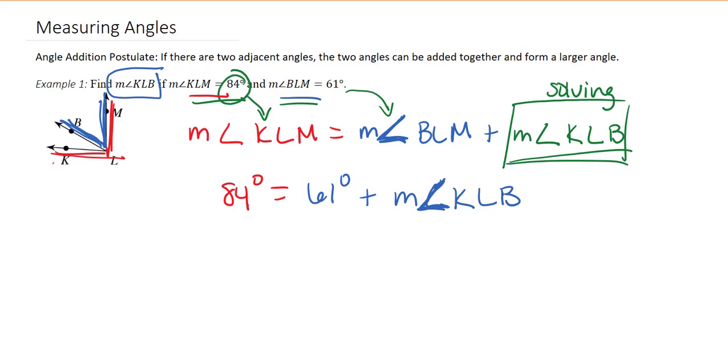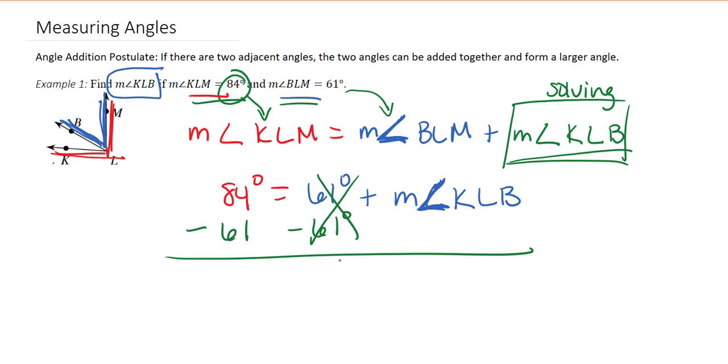Well, we're just going to get rid of this number on the right-hand side and move it to the left-hand side so we have the numbers just on the left-hand side. So let's subtract 61, because it's positive, so we need it to become 0 on the right-hand side. So this just becomes 0. 84 minus 61: 4 minus 1 is 3, 8 minus 6 is 2.